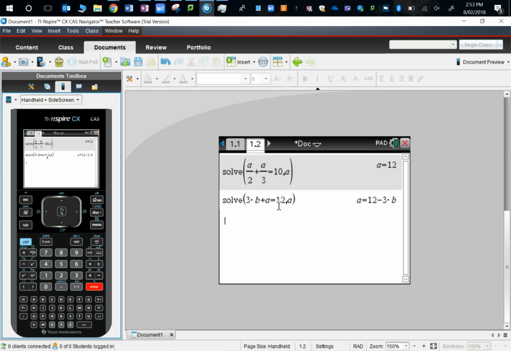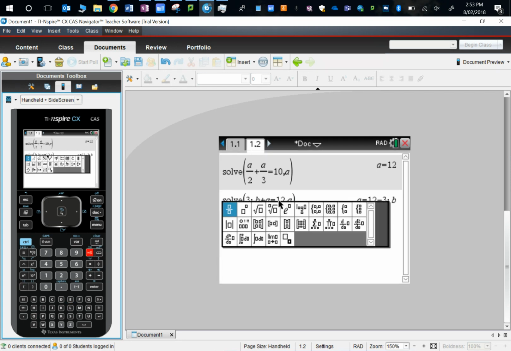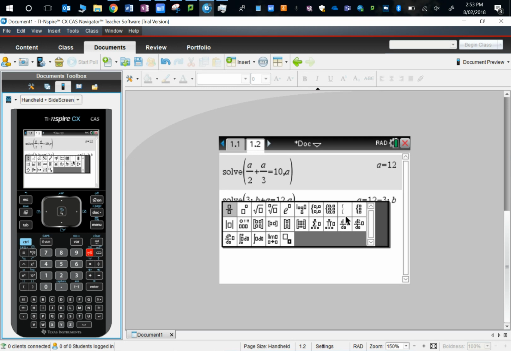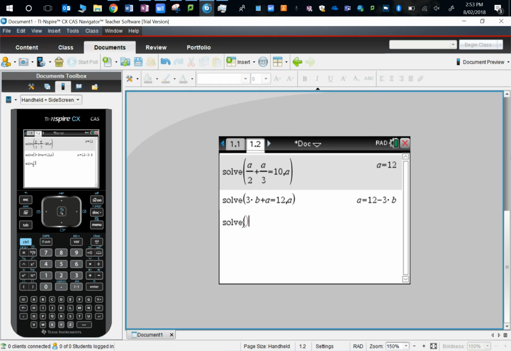So for example, I'll just show you, but you're not going to have to do this till later. So you can go solve. And then I need to use my little template to do this.